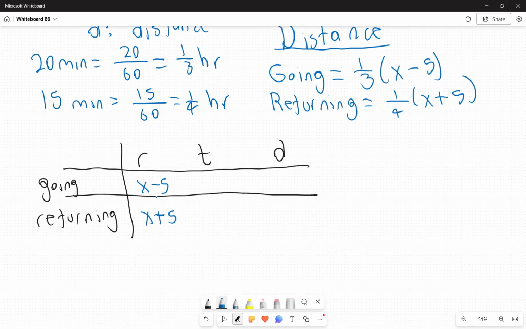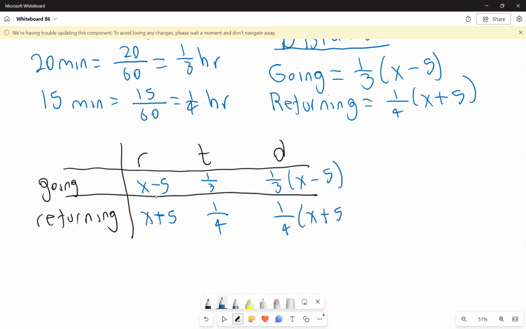The time in hours is 1/3 going and 1/4 returning. And it's going to be the same distance each way. So going, the distance is 1/3 times x minus 5. And returning is 1/4 times x plus 5. So distance is velocity times time.